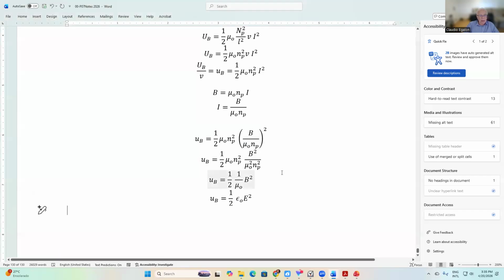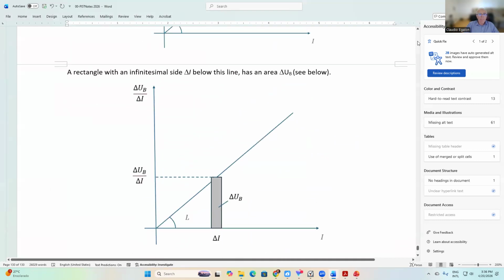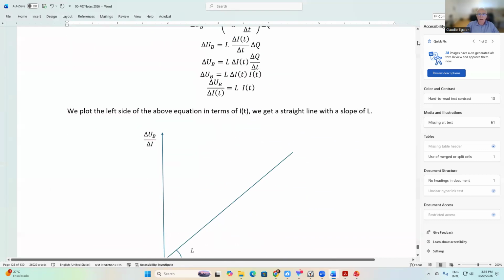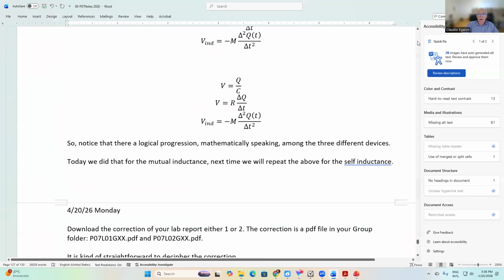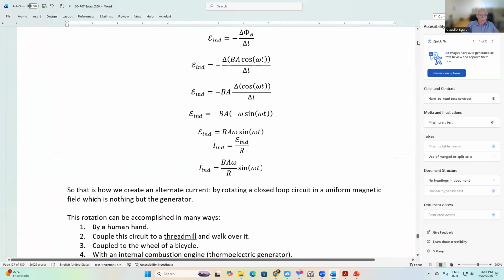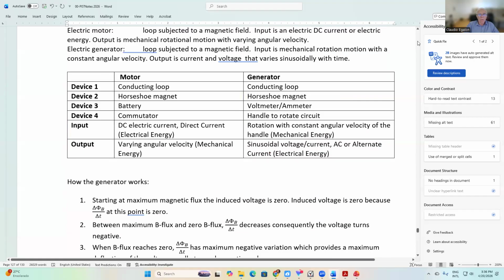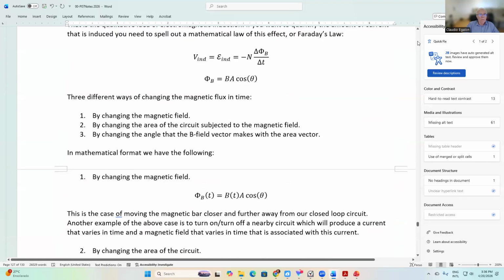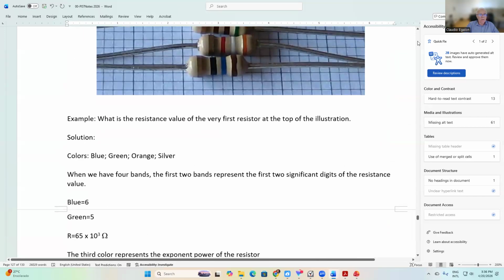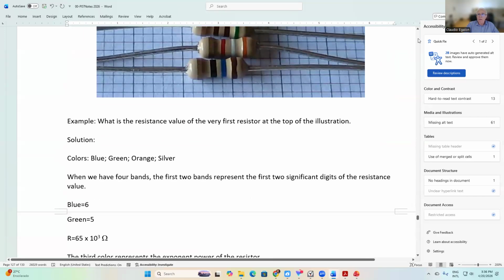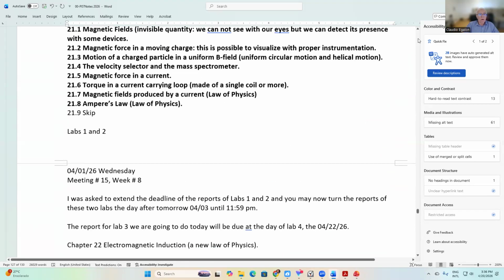Let's write that down, right? The important equations so far. The first one is the electric induction. That's the lab. We don't want the lab. Let's see here.